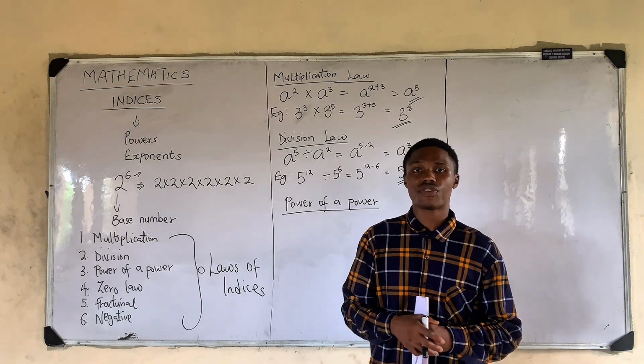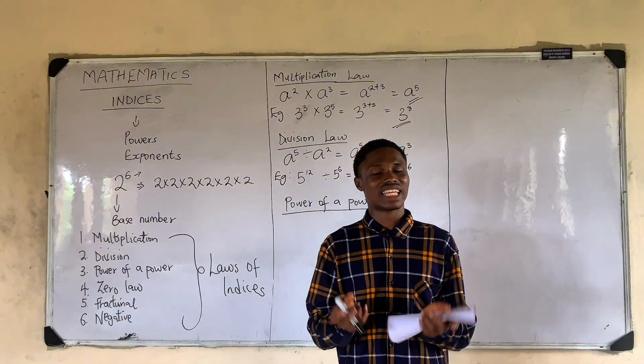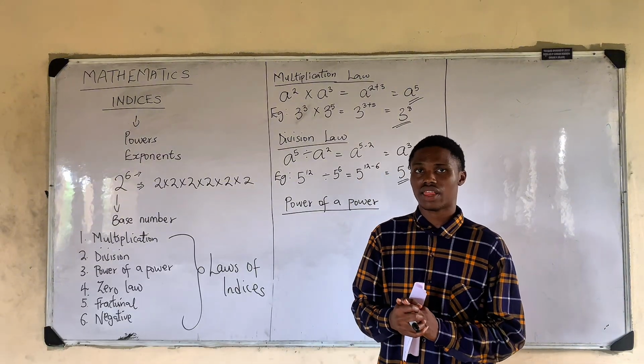For this power of a power law, once there is a power outside the bracket of an index or indices, we multiply them.